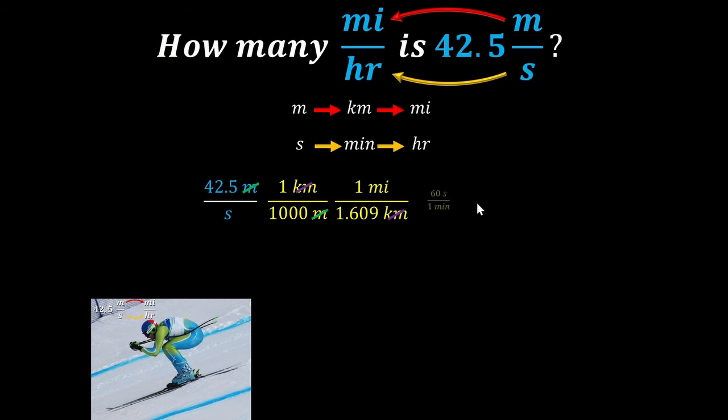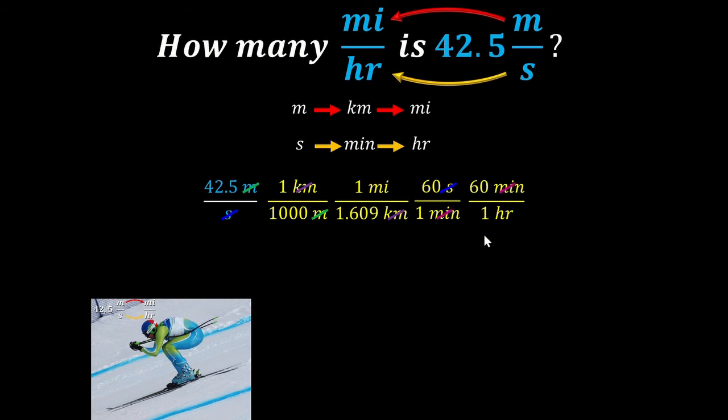I got to multiply by a fancy one right here that has seconds in the numerator. Even though seconds are way over here in the denominator, they'll still cancel with seconds in the numerator over there. So you didn't have to start a new problem, just continue the same problem. If I stopped right now, my answer would be miles per minute. But I want to get into miles per hour, so 60 minutes, same thing as 1 hour.